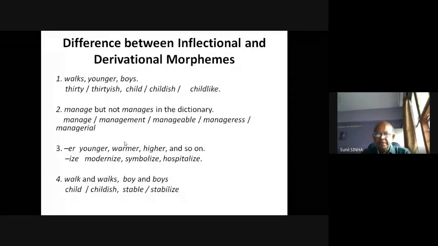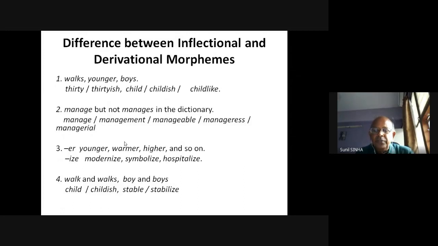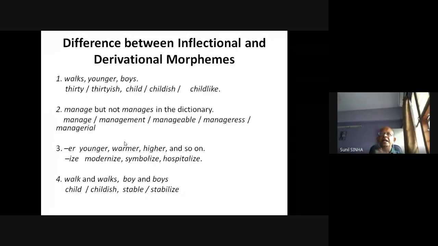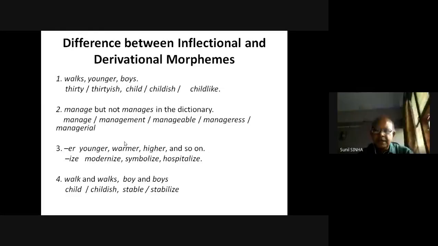Whereas a morpheme that is needed to expand the meaning of a word is called a derivational morpheme. And inflectional morpheme and derivational morpheme both are bound morphemes. Now let us look at the difference between inflectional and derivational morphemes in detail, right?